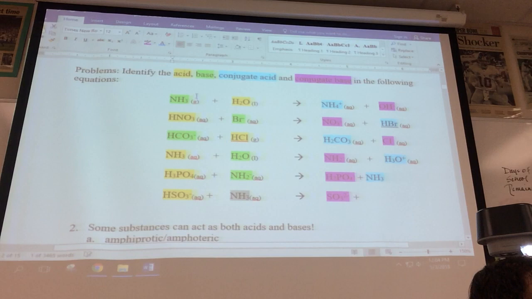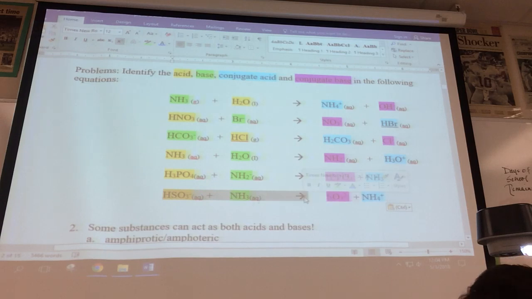If this were the base, then it would form this one, right? Ammonium. Ammonium ion.